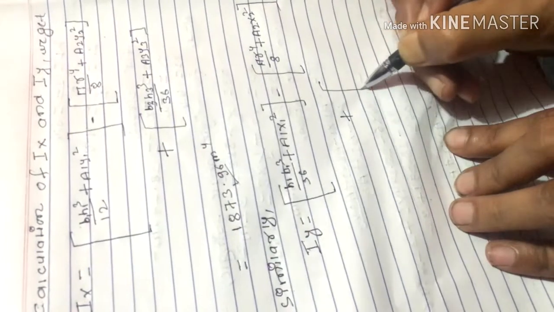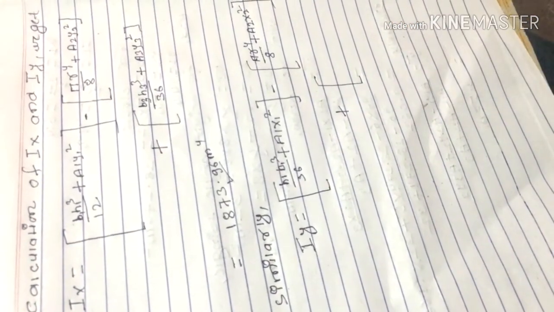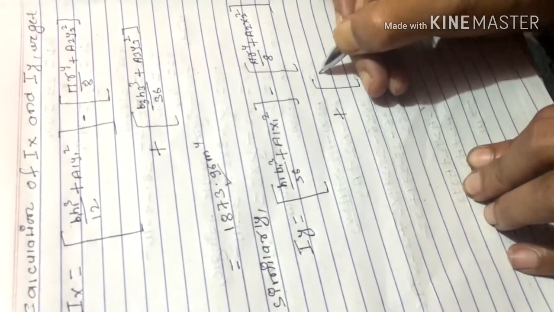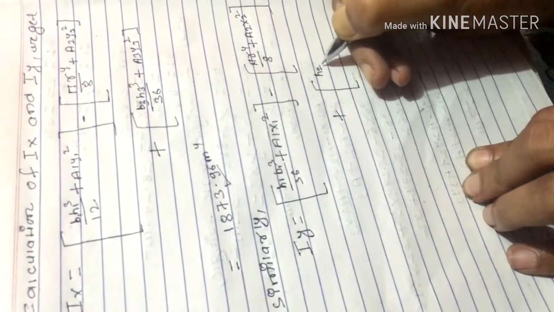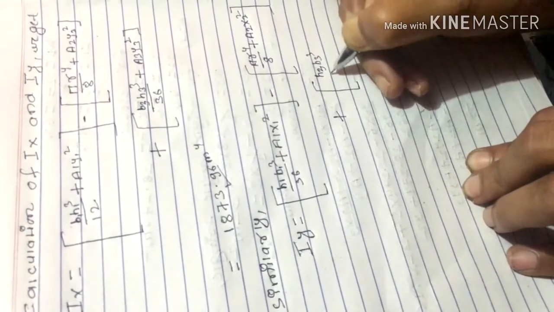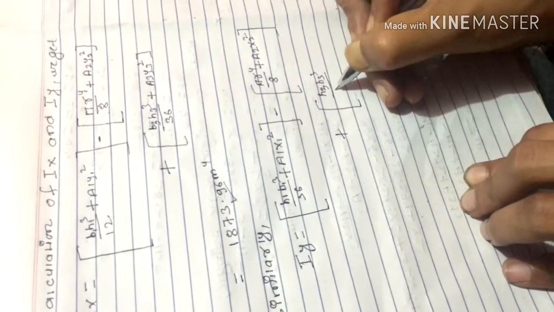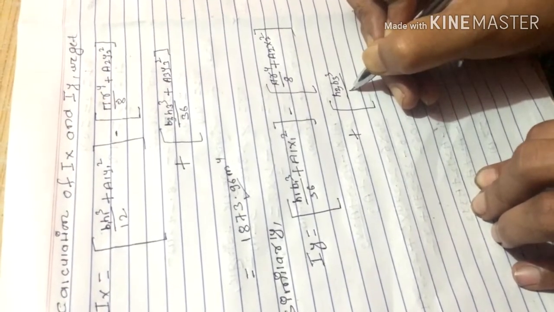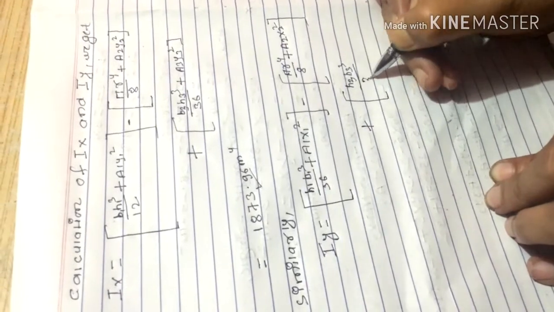Our next remaining is the right angle triangle, and we know the moment of inertia of a right angle triangle about y-axis is hb cube by 36.